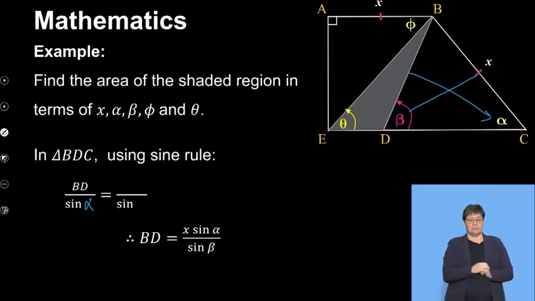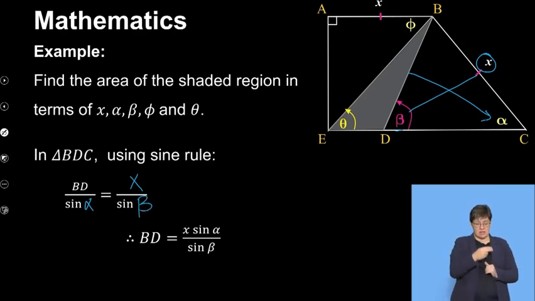What was our full pair? That was the side, so x, and the angle across it was beta. Then when we rearrange this, we multiply throughout by sine of alpha, and we end up with BD equals x sine alpha over sine beta. Now we have an expression for BE and for BD.